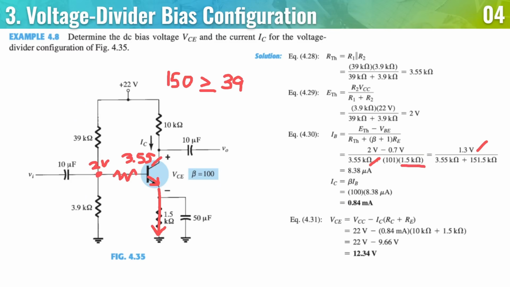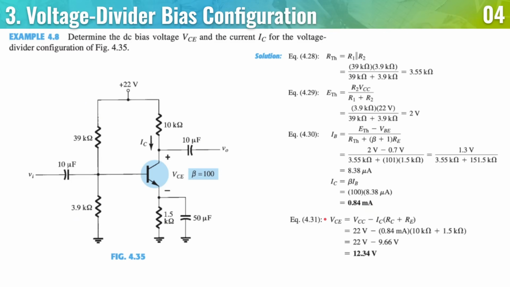RE is going to be 1.5 kilo ohms, and since we are observing it from the base, we must multiply it by beta plus 1. That's why IB is equal to 8.38 microamps. So IC is equal to beta IB, and that is 0.84 milliamps.